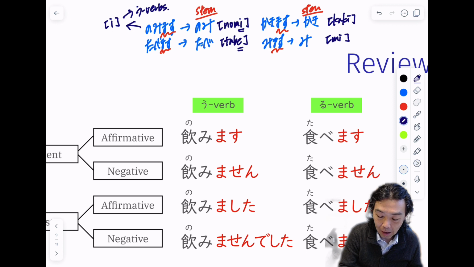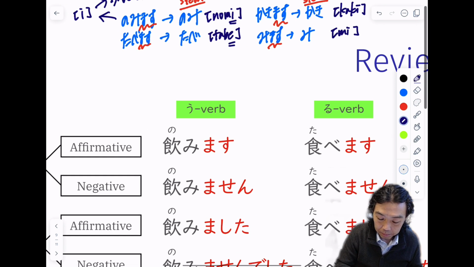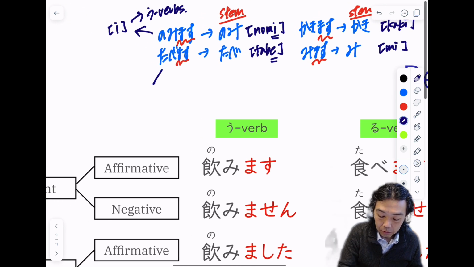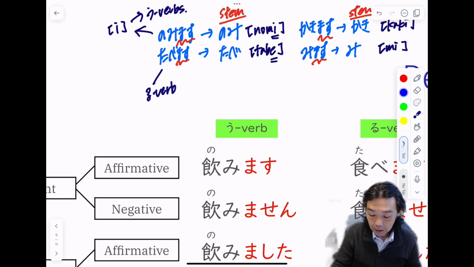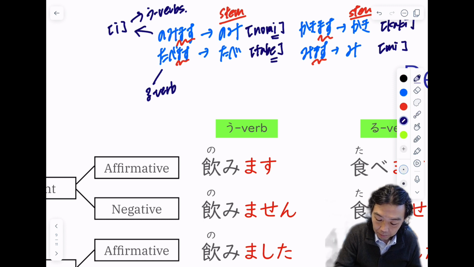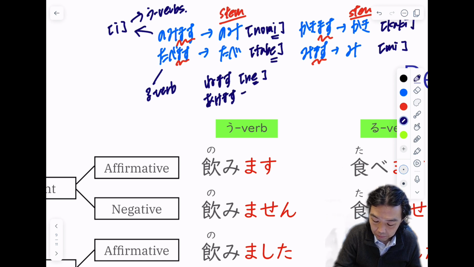So the example is tabemasu. This is a ru verb, and the stem ends with e. Other examples are 寝ます, stem is ね, and 開けます, to open, stem is 開け.